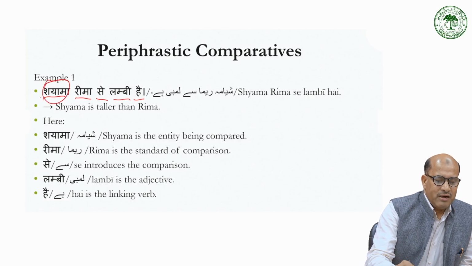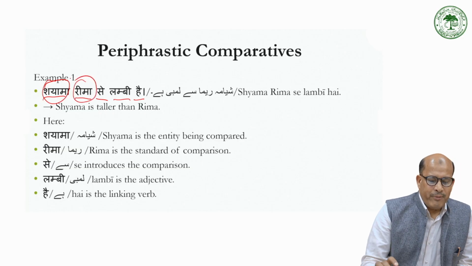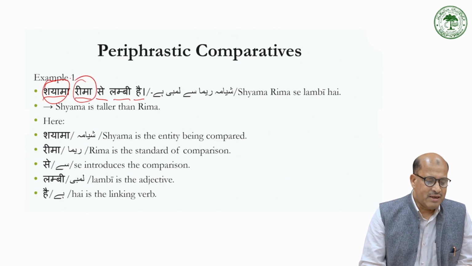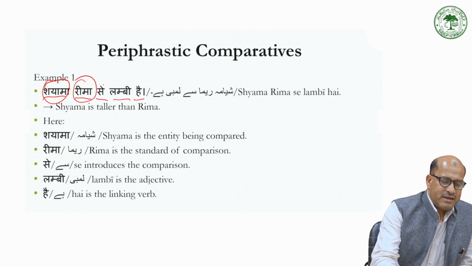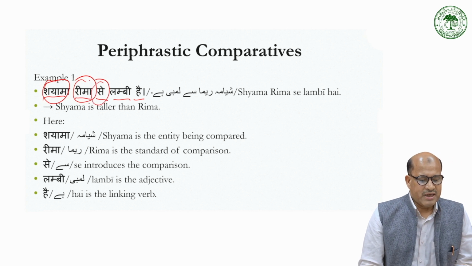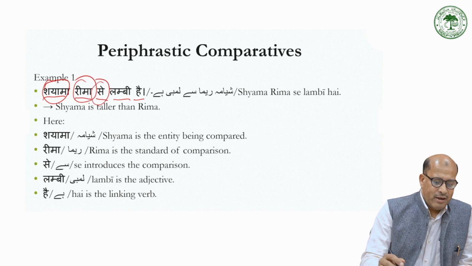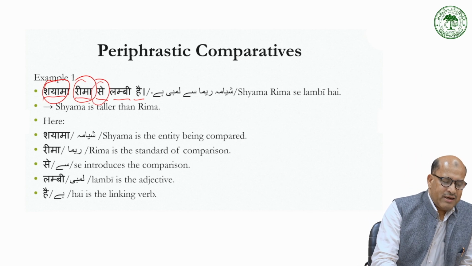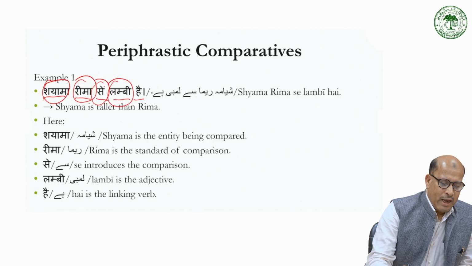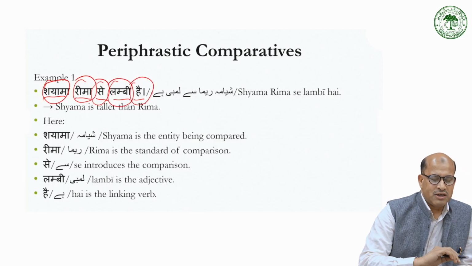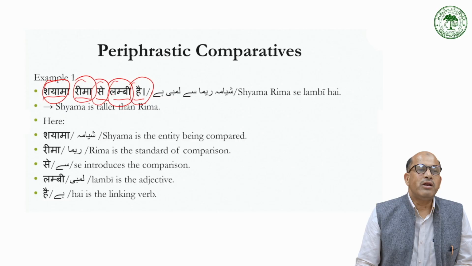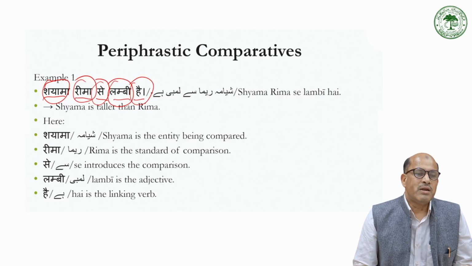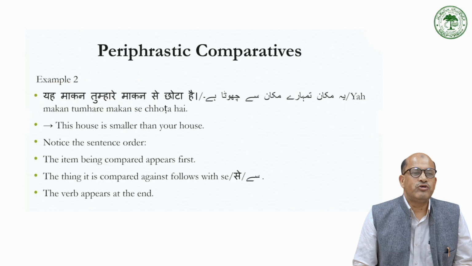Rima is the standard of comparison, and se is introducing the comparison, and lambi is the adjective form, and hai is the linking verb or auxiliary verb. So this is all in the comparative, in the periphrastic system, very commonly used in Hindi Urdu.